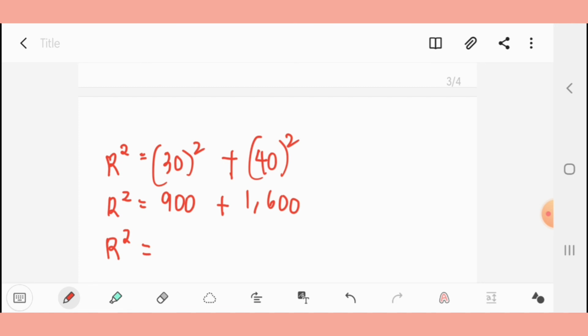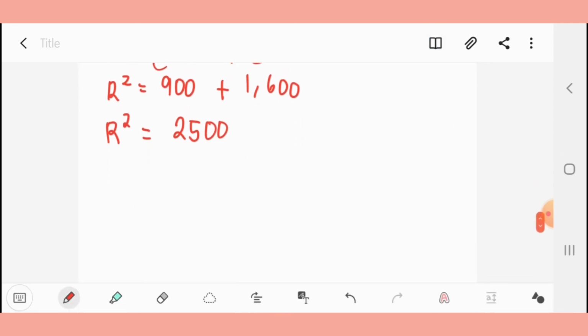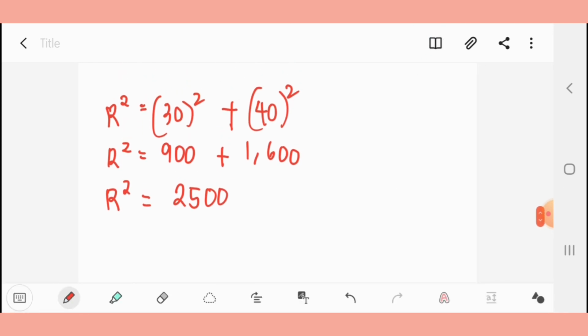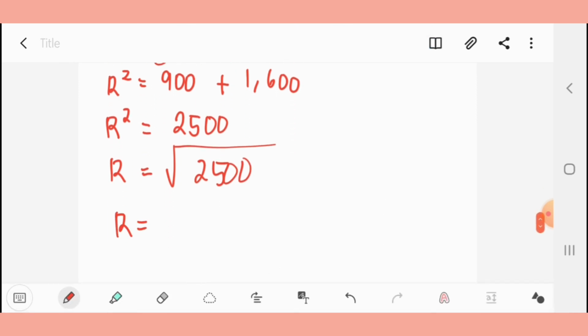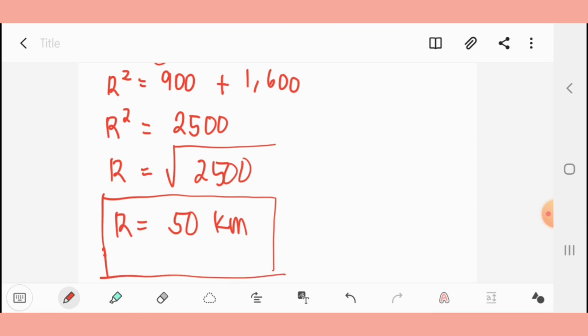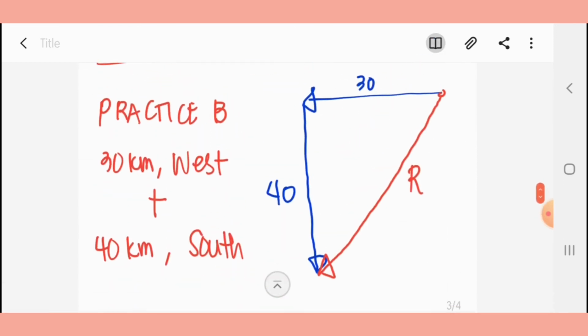R squared is equal to 900 plus 1,600, which is 2,500. Now get the square root of 2,500 to get the value of R. Therefore, R is equal to 50, and your unit is kilometers. Therefore, the magnitude of your resultant is 50 kilometers.